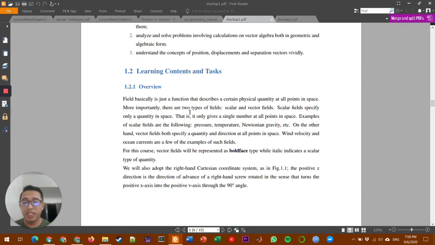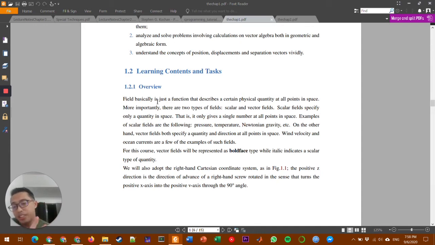Okay. So a field basically is just a function that describes a certain physical quantity at all points in space. Just like a temperature field. In my unit, in my apartment, even in your house, it's actually filled with a temperature field. Anywhere you go in your house, there's a particular temperature number.